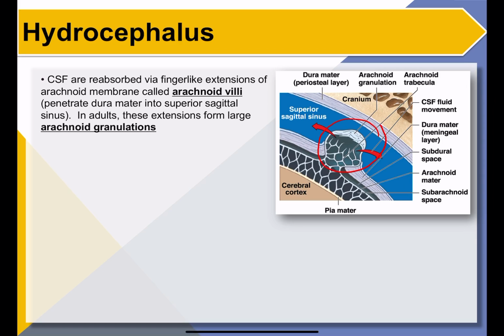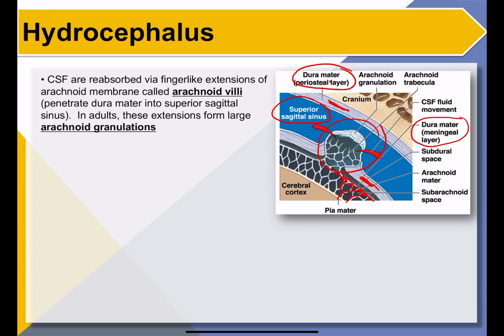structures that penetrate into the dura mater and allow fluid to move into the superior sagittal sinus. So remember, this is the dura mater right here, the meningeal layer, and this is the outer dura mater layer right here, and then this is the inner dura mater layer right there, and this is the arachnoid mater with its spider web connections.